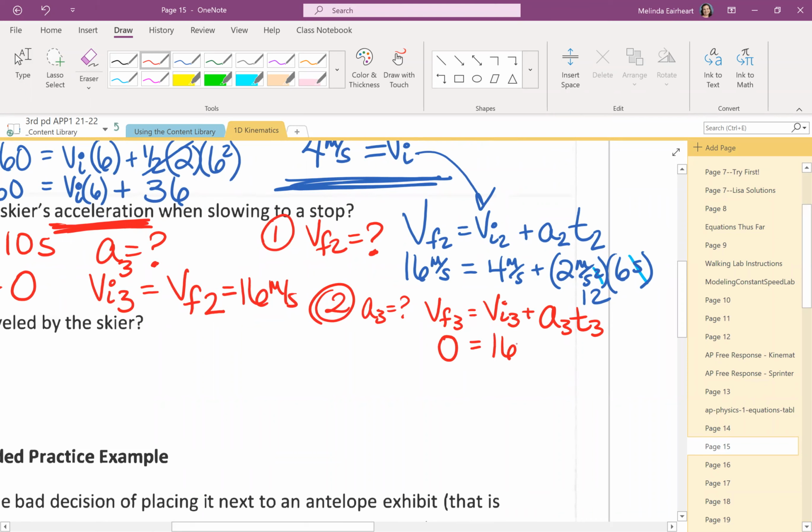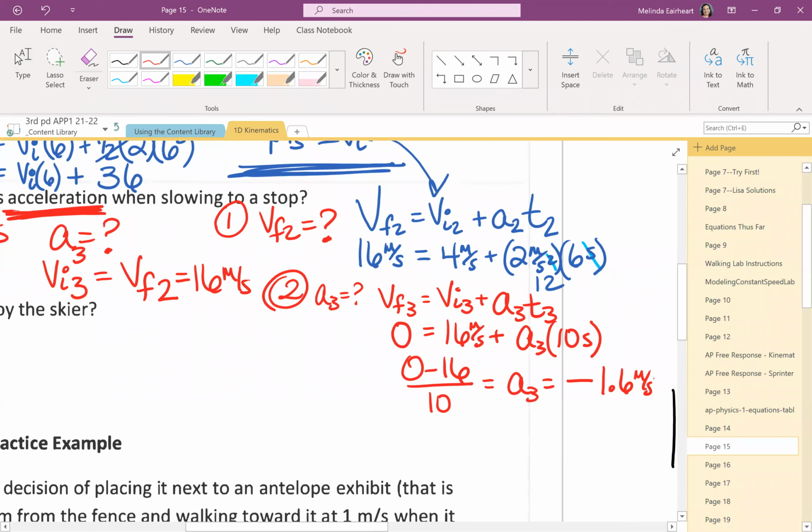Acceleration is what we're looking for. And time, they told us it took 10 seconds, an additional 10 seconds. To solve for A, you need to subtract the 16 and then divide by 10. And we should get a negative, which we predicted, and then 1.6 meters per second squared.